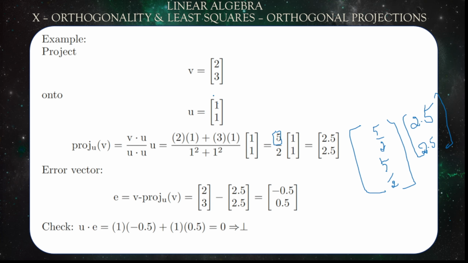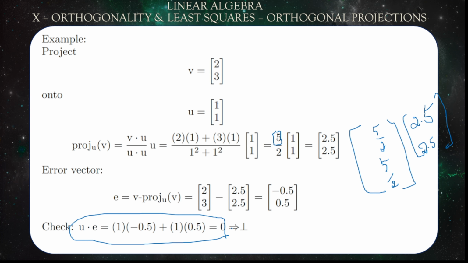So it is (2, 3) minus the projection (2.5, 2.5), and you subtract element by element, giving (-0.5, 0.5). Check u dot e, the dot product between u and the error vector. So it is -0.5 times 1 plus 0.5 times 1 equals 0. As we evaluate, it is equal to 0. Hence, this is an orthogonal vector.